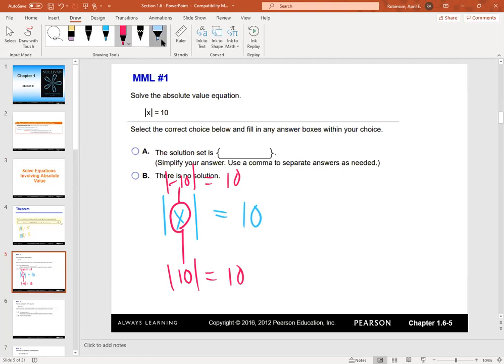So my two possible answers are negative 10 and positive 10. That's what I'm going to put inside here: negative 10, comma, positive 10. Simplify your answer. Use a comma to separate answers as needed.